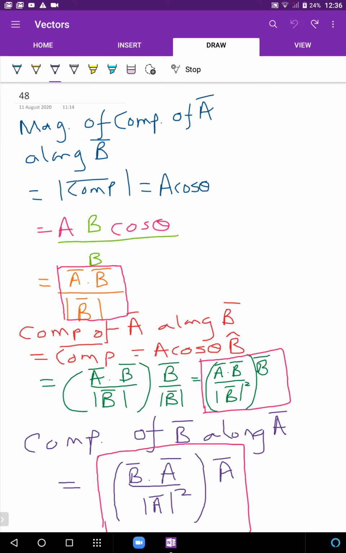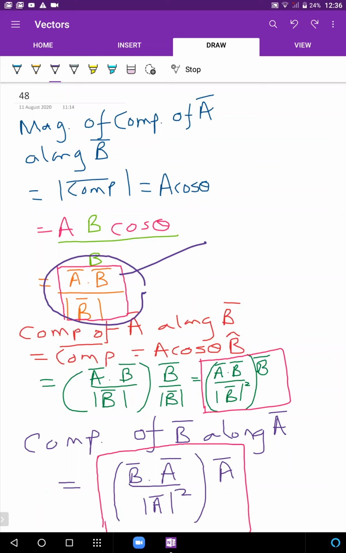And I'm getting b in the denominator, which is basically magnitude of b. तो थोड़ा और स्ट्रेस करने के लिए मैंने ऐसा लिखा है mod b bar, magnitude of b bar. तो देखो क्या मिल रहा है, what is the magnitude of component of a bar along b bar? A cos theta, but we didn't know theta. But we know this. We know how to find dot product. We know how to find magnitude of B.